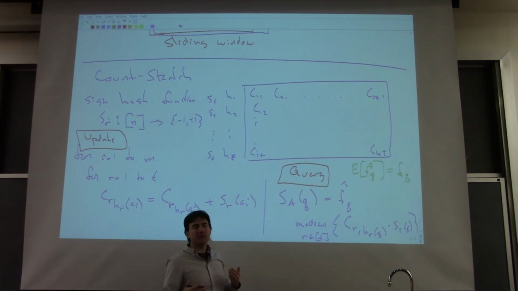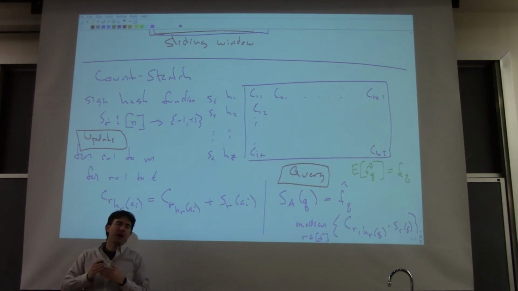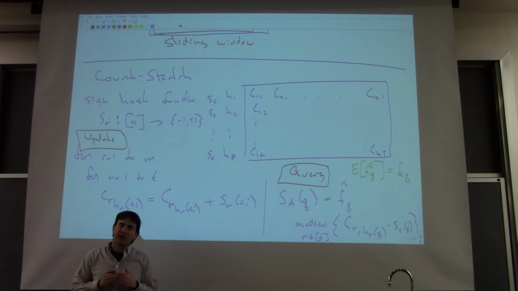In fact, the median is going to be that I'm going to have some probability of having error, and it's only going to be bad if over half of them are going to be bad in the same direction. And so this is how you can use the median. Instead of saying over all of them are bad, I say over half of them are bad.